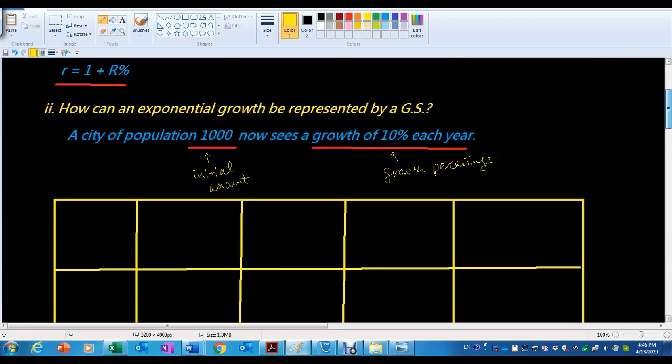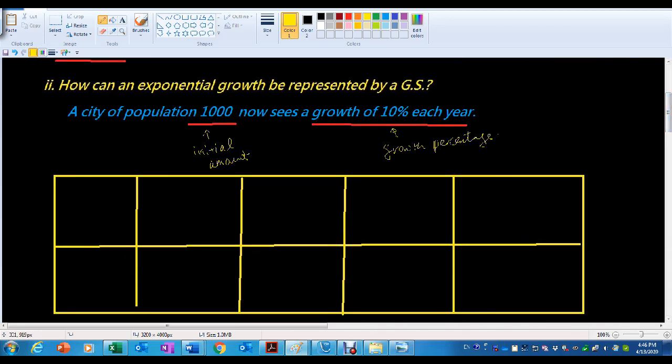Let's see what happens to the population at the end of each year.